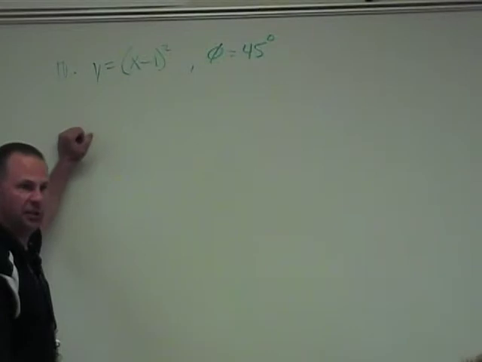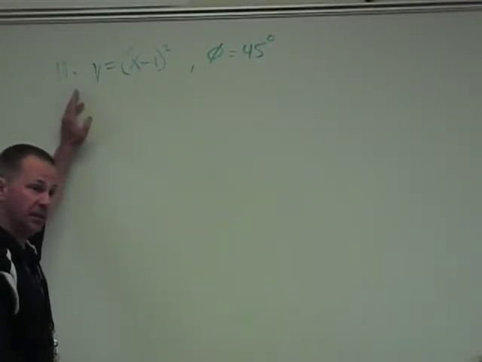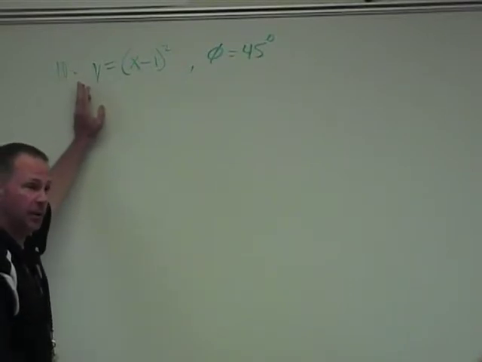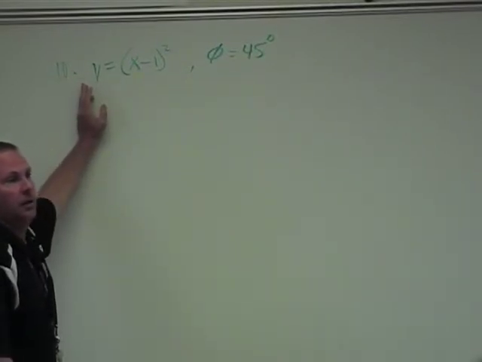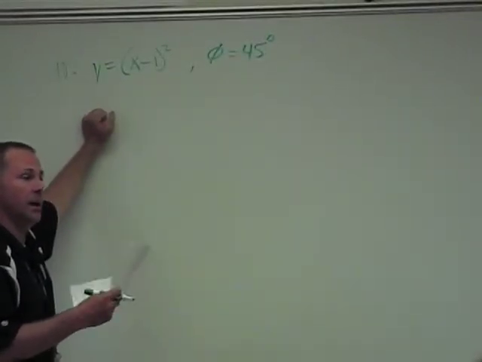But now what you have to give me is a new equation. I gave you a coordinate the last time. I'm giving you an equation this time. This is the equation of a parabola, centered at (1, 0). I want the new equation of what this figure is as we rotate by 45 degrees.